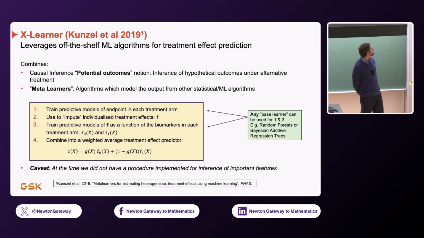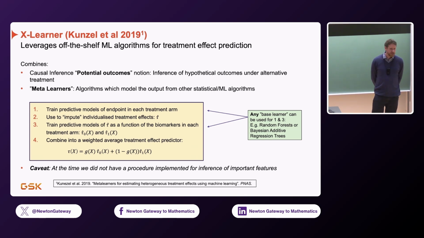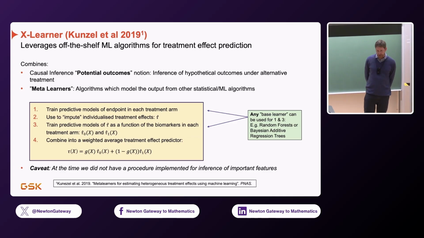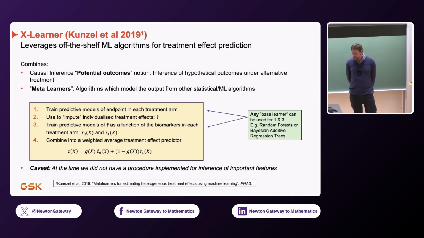Then in the third step, we do another run of predictive modeling where we regress those imputed individualized treatment effects, again on the baseline biomarkers. Again, at this point, we can use any standard off-the-shelf machine learning software because it's a classical predictive problem.